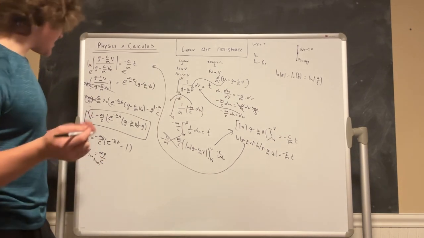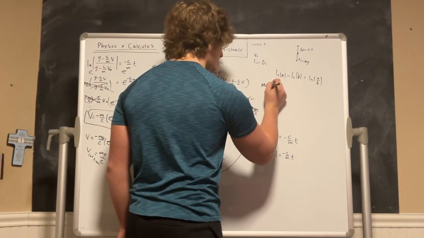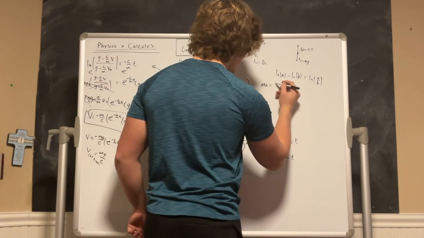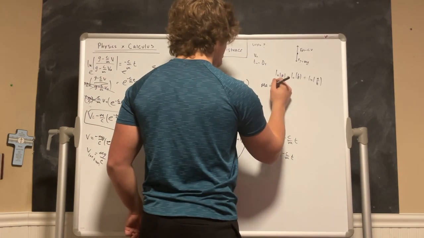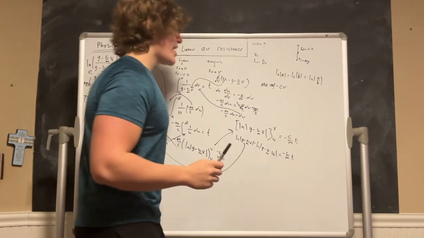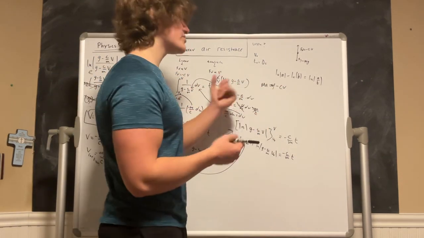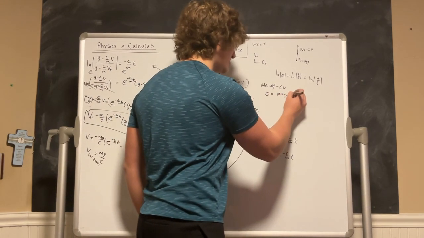And now let's do a quick check with our force equation. We had that our mass times our acceleration was equal to mg minus cv, and we wanted our net force to be 0 since it would not be accelerating at its final velocity. So 0 is equal to mg minus cv.